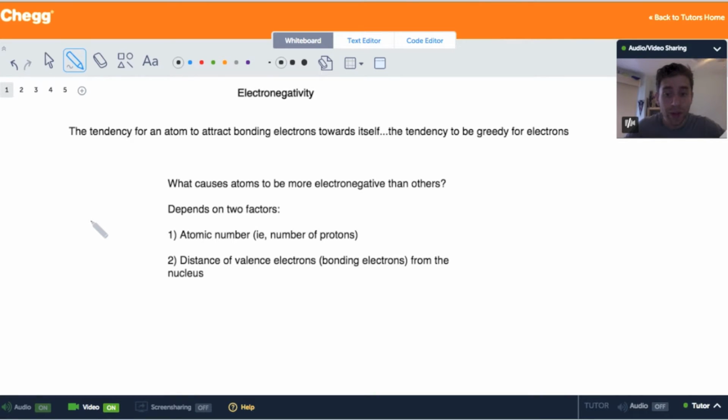And the other factor is the distance of valence electrons from the nucleus. The valence electrons are the electrons involved in bonding with other atoms. So if they're really, really far away from the nucleus, it's hard for that atom to pull bonding electrons towards itself and be an electron hog.